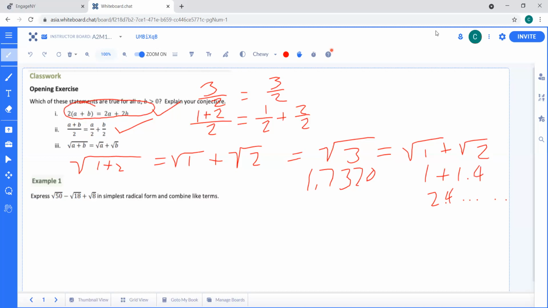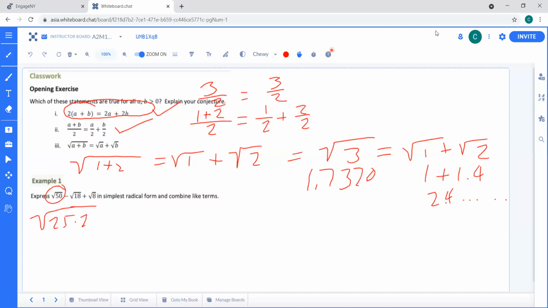So if that's the case, then let's express the square root of 50 minus the square root of 18 plus the square root of 8 in the simplest radical form and combine like terms. Okay. So hopefully y'all remember how to do this. We can break this down as 25 times 2.